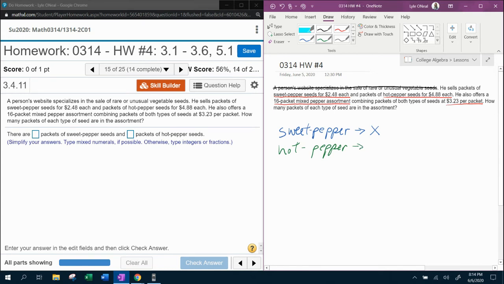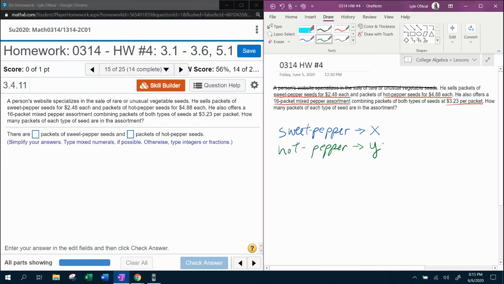And the number of packets of hot pepper seeds in the mixture, we don't know. So we're going to give that a different variable Y. Again, we can't say that they're both X because that would indicate that they're equal. In other words, 8 sweet and 8 hot to make 16. We don't know that it's equal amounts, so we're going to have to use different variables for each.